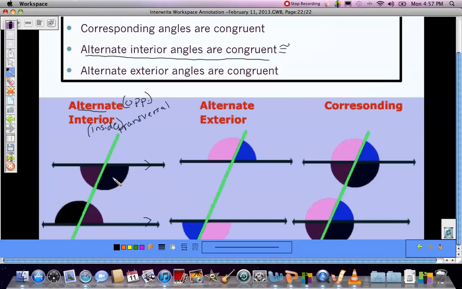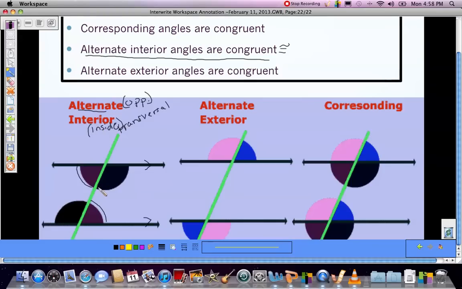So if you have highlighters, this may be a great thing to color code. You can see here the purple shade, this angle, matches up with this angle. These angles are congruent or equal. They are inside the parallel lines. They're inside, making them interior, and they are opposites. So we call these alternate interior angles.